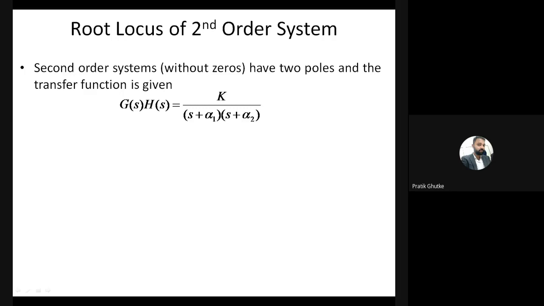That means only the denominator part. So G(s)H(s) equals K divided by (s plus alpha 1) and (s plus alpha 2).